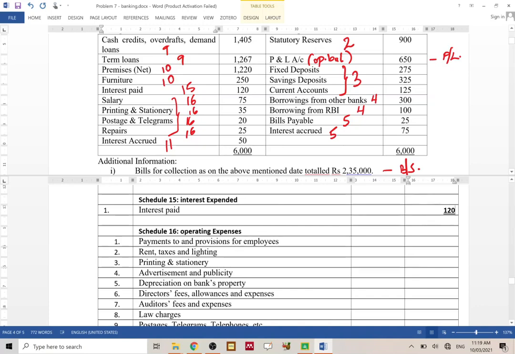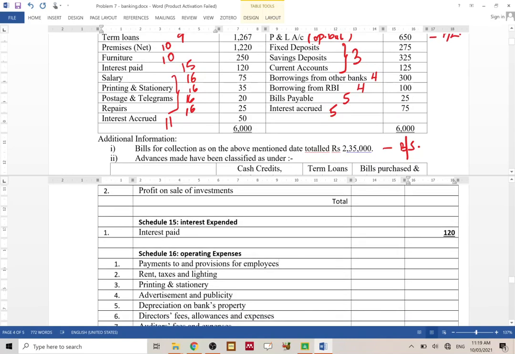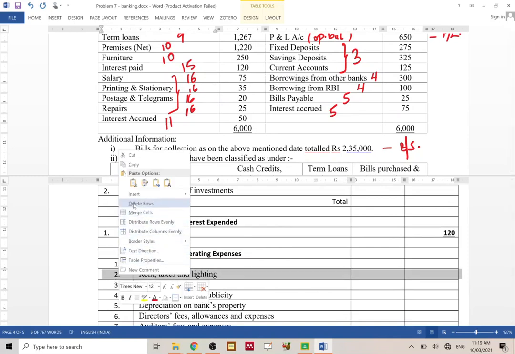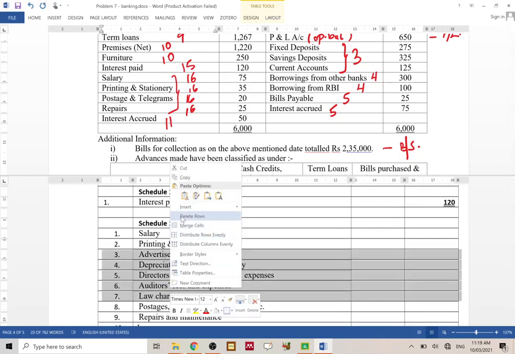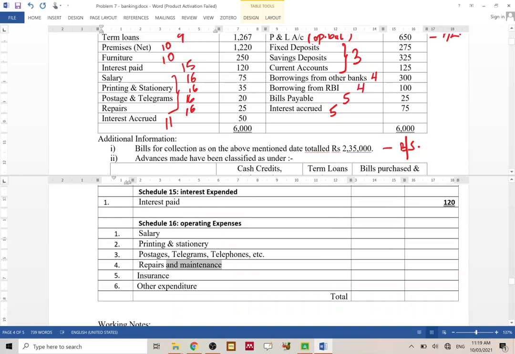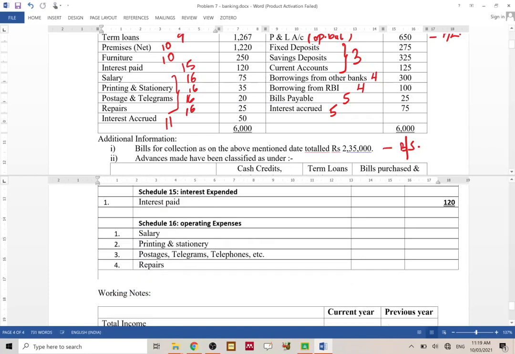Directly outer column. Next, you have certain expenses like salary, printing and stationery, postage and telegram. We'll take only those that are in the problem currently. So, salary amount 75.